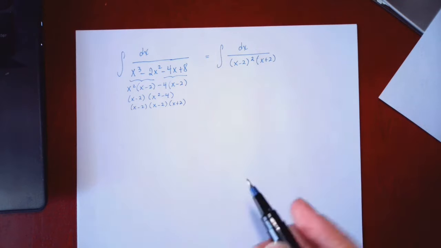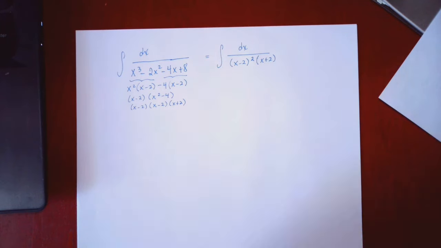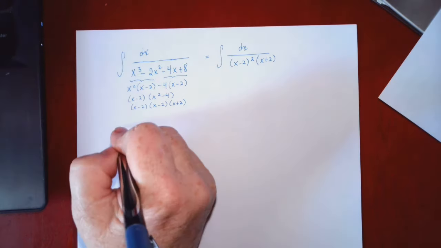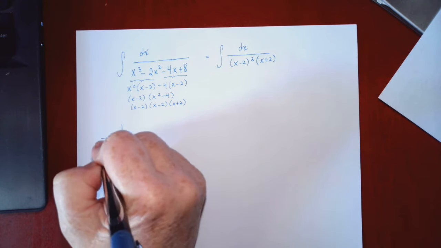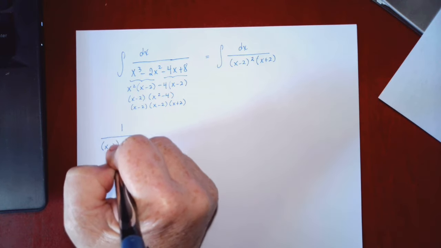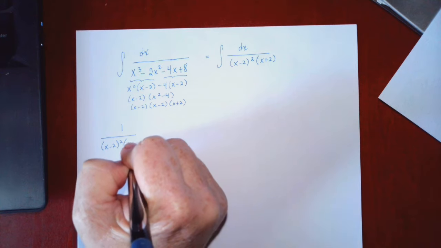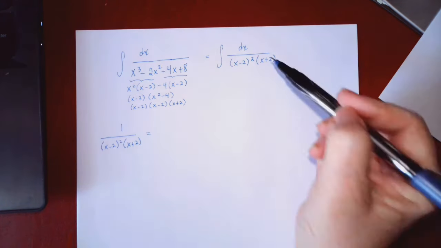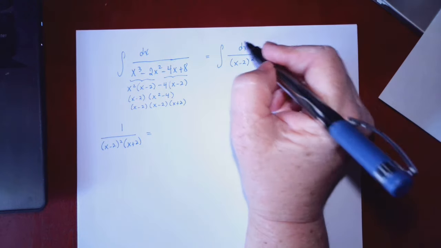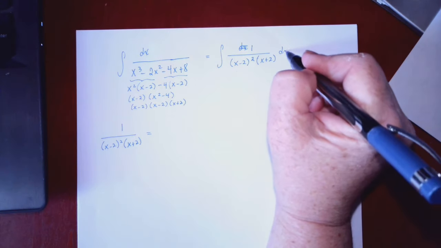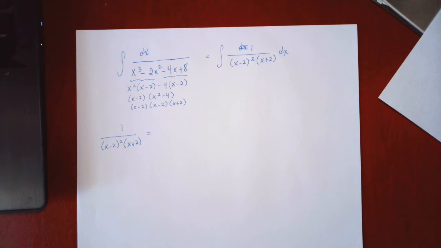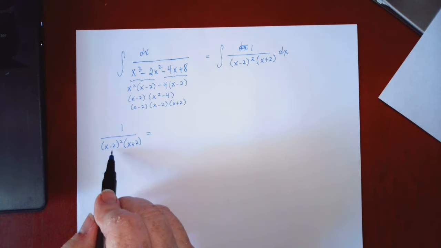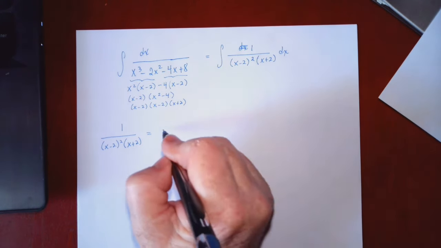So I'm going to decompose, I should say, 1 over x minus 2 squared times x plus 2. Because remember, that dx in the numerator is just like having a 1 in the numerator multiplied by dx over here. So I will need 3 fractions in my decomposition.